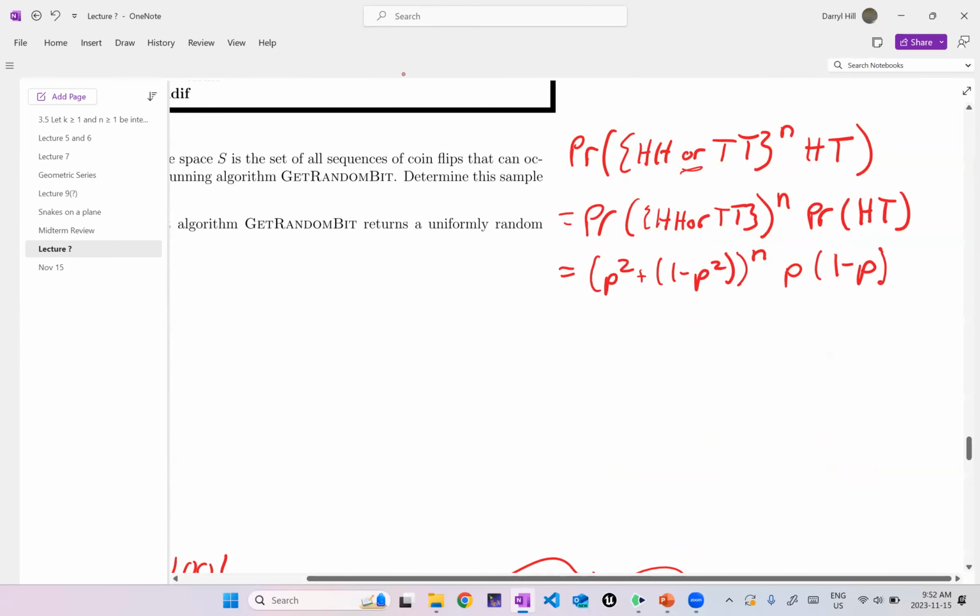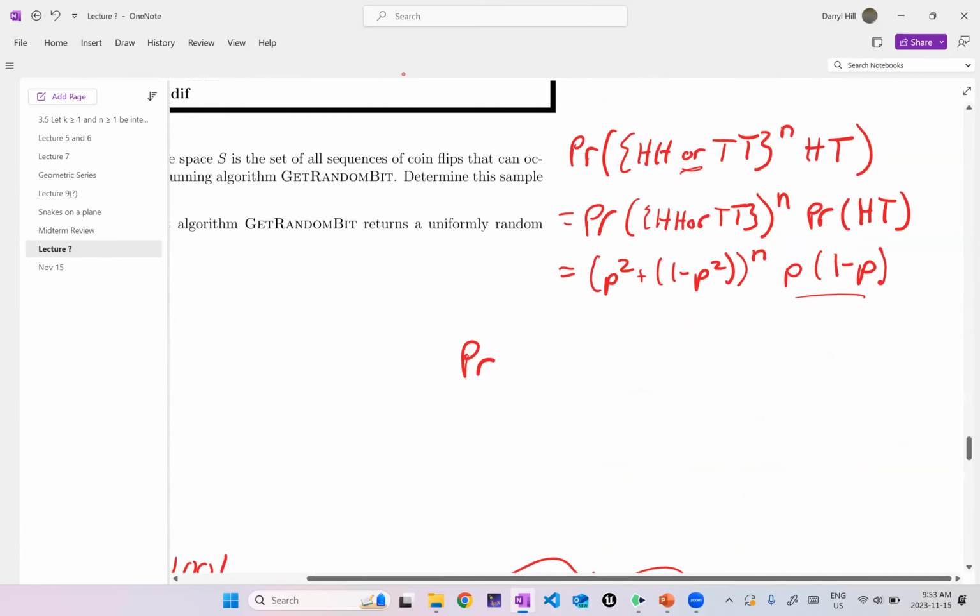Okay, so this is all my probability that I get 0. So this is an individual outcome, and now I'm going to sum them all up to get my event that I return a 0 bit.